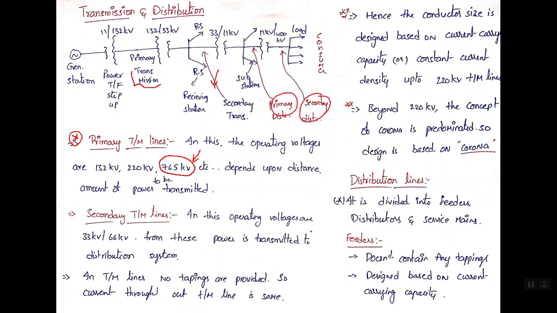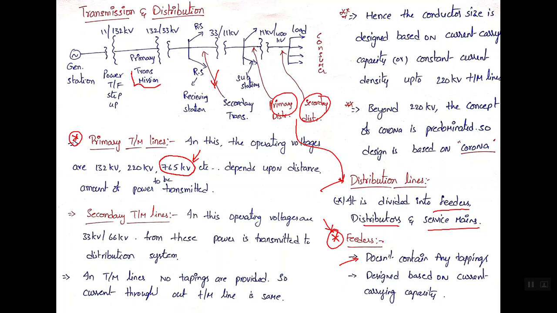And in the distribution lines, these are divided into feeders, distributors and servicemen. First of all, coming to the feeders, the main important point is that a feeder does not contain any tappings.